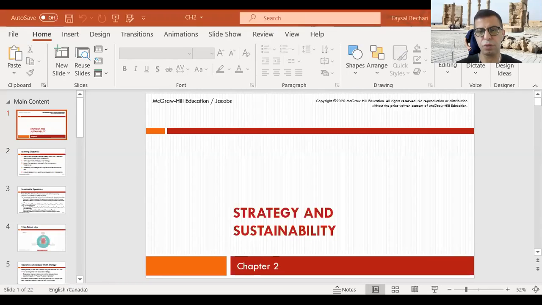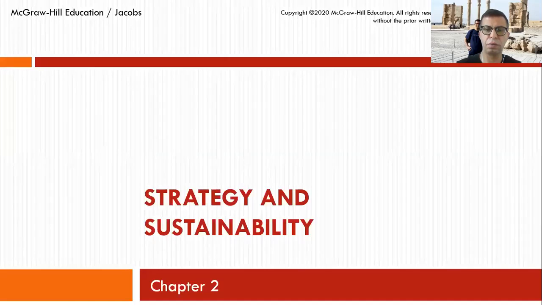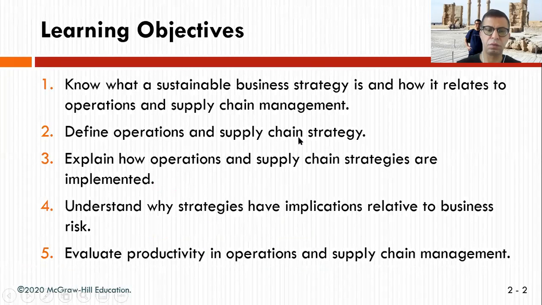Okay, in this chapter we will be talking about strategy and sustainability. The learning outcome is to know what a sustainable strategy is and how it relates to operation and supply chain management.